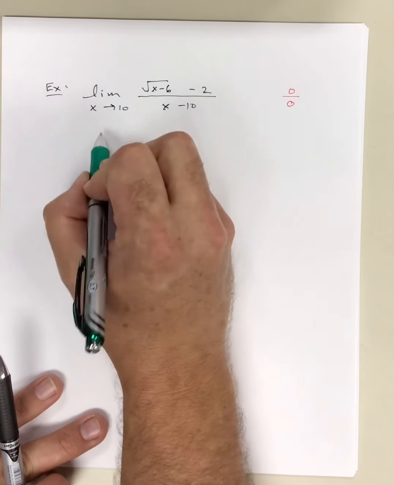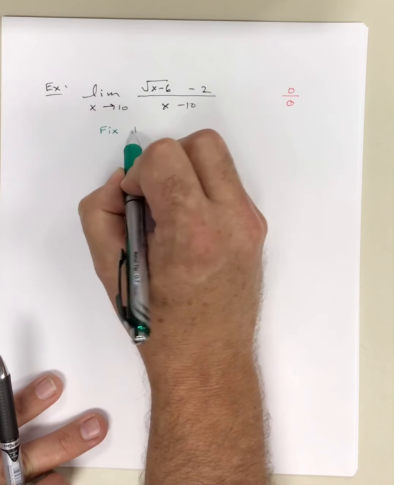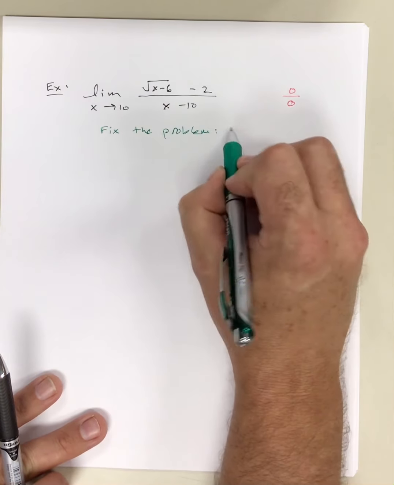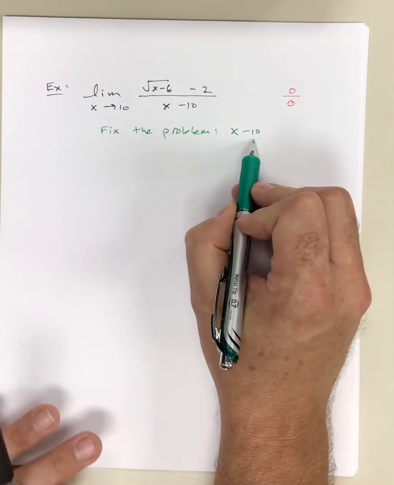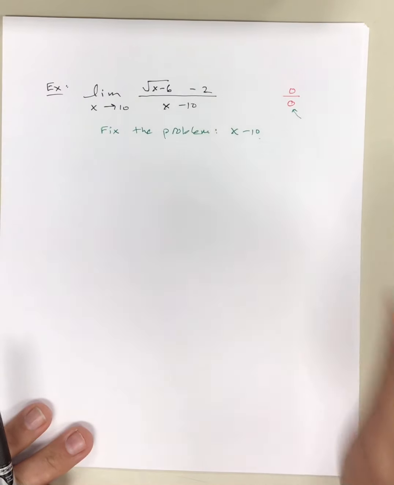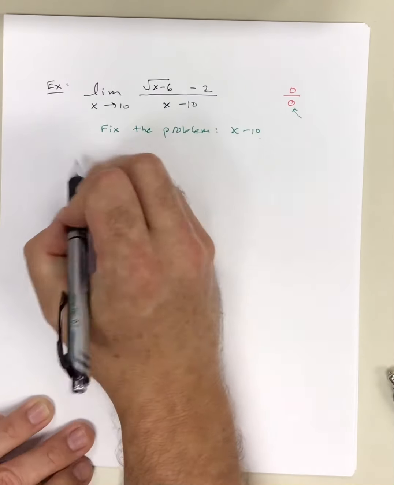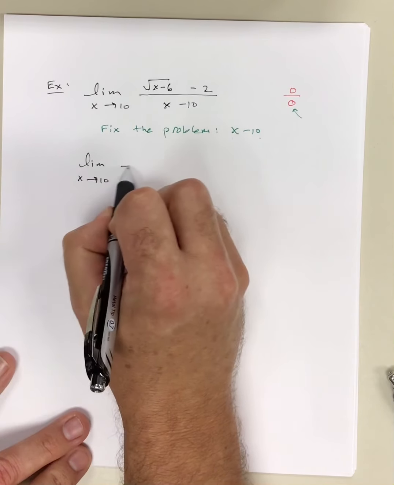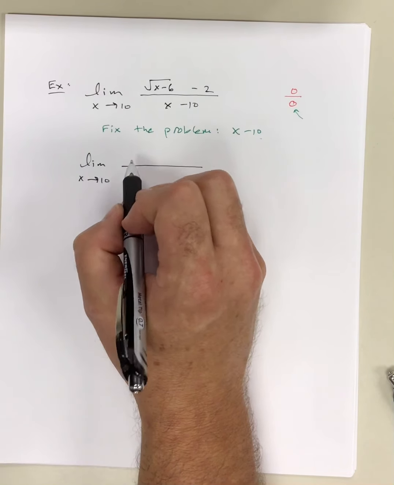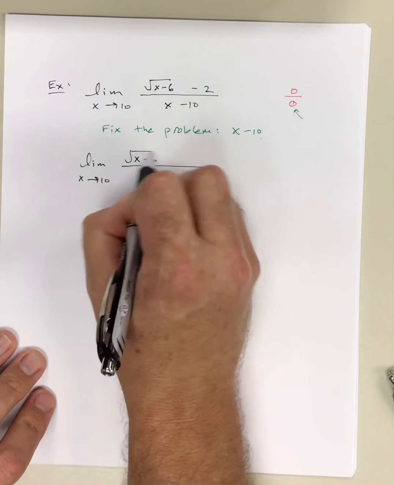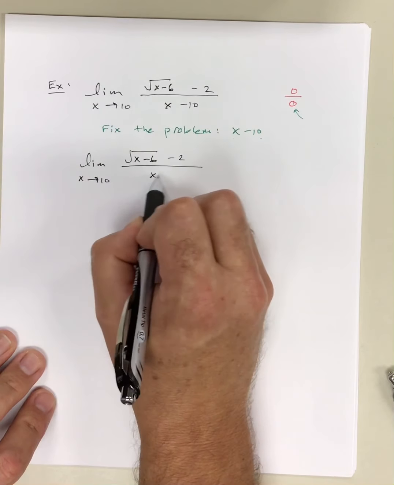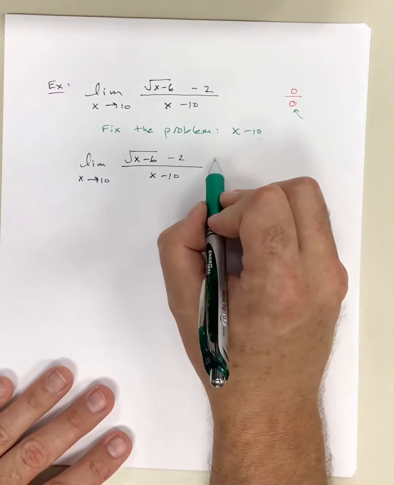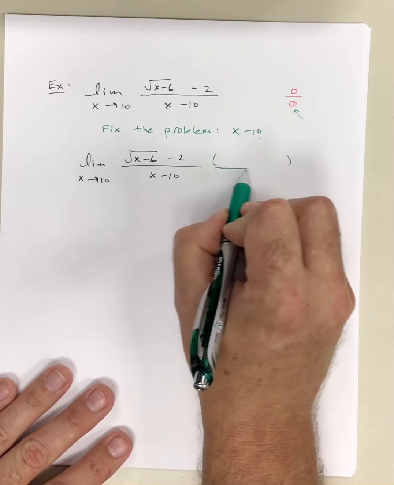Remember that our whole issue is to fix the problem. And in this case, the problem is that denominator expression of x minus 10 that's producing a 0. So here's how we're going to do it in these sorts of problems. I'm going to take the expression that I have here, and we're going to multiply the numerator and the denominator by the same expression.